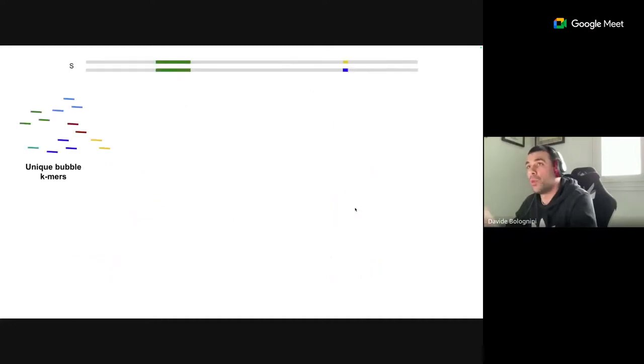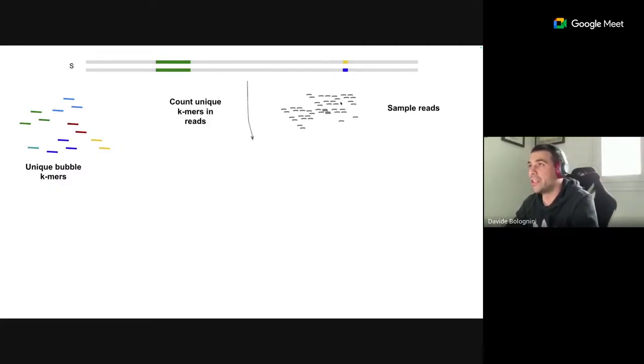Okay, so once we have the setting here, with the k-mers from each bubble, you get a sample that you want to sequence, from which you get short reads. In practice, what they do is count the k-mers from unique bubbles in the sample reads and integrate this in a more complex model that we will see in the next slide.